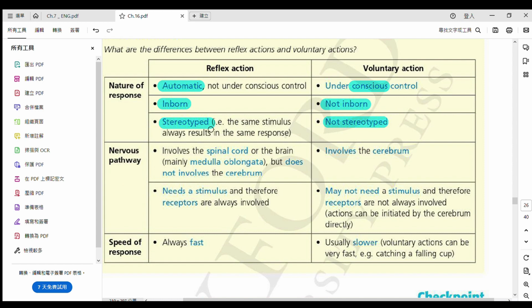Alright, and then for the nervous pathway， 即係佢哋行嗰條路線啦。So for the reflex action, it is definitely shorter， 會短啲嘅 ，because it needs to be faster, right? The reaction needs to be faster， 要快啲嘅。So this one involves the spinal cord。OK， 或者啦 ，maximum 最多只會係咩啊？你嘅 medulla oblongata。So medulla oblongata is the reflex center， 佢係一個反射中心、反射中樞嚟嘅。Alright, but then we do not involve the cerebrum or the cerebellum.